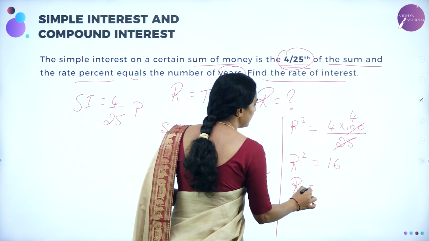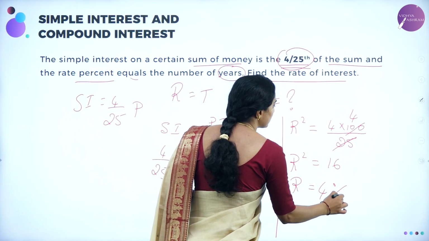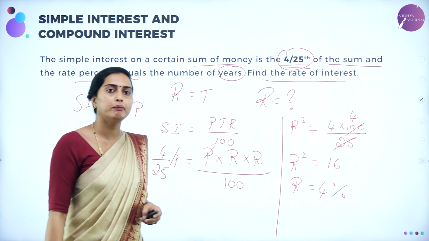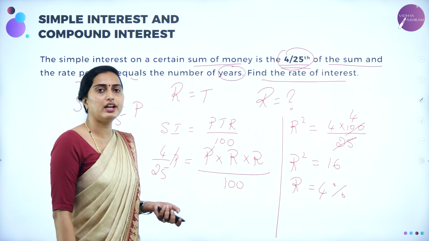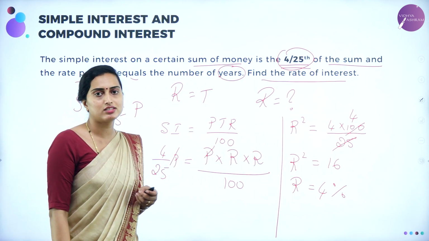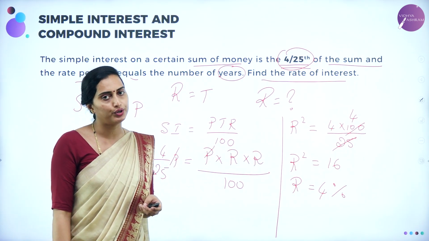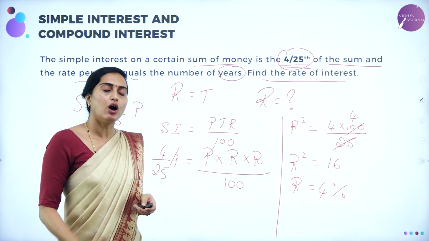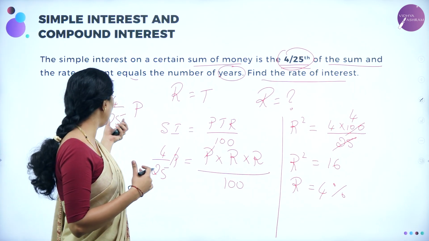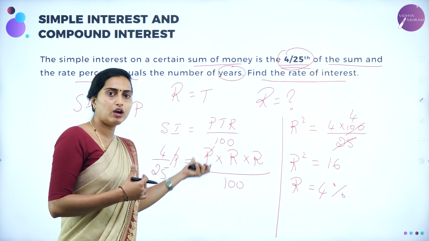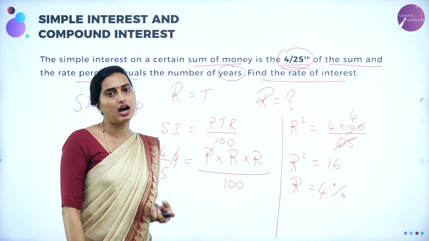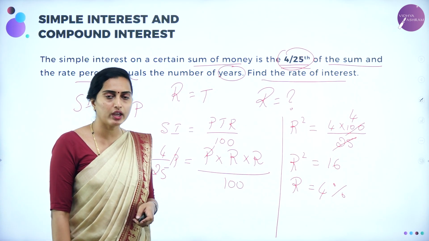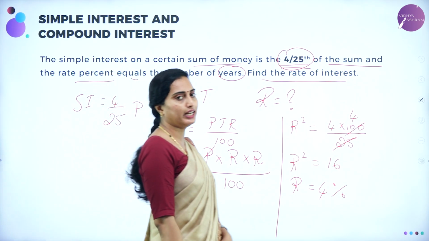Therefore, R will be equal to 4%, because the square root of 16 is nothing but 4. And this is the answer for this question. Find the rate of interest. Rate of interest is nothing but 4% per annum. Is that so easy, dears? According to the given question, we take an assumption and then substitute in the formula of SI and we get the answer as 4% here. Okay? Yes, we'll move on to the next question.